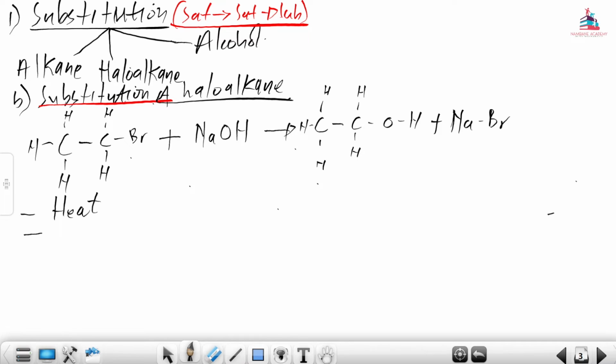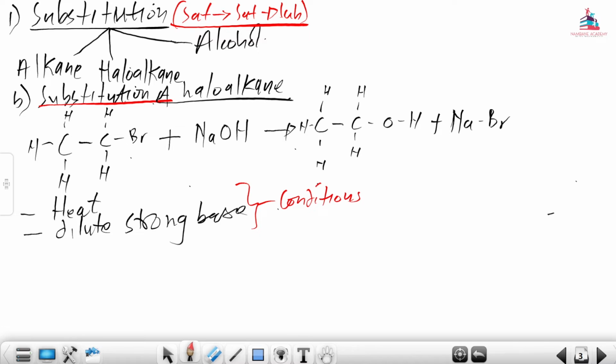Because it's substitution, we are going to say we also need to have a dilute strong base. So this now should be my reaction conditions. For this reaction to take place, I need heat and a dilute strong base, then the reaction will be able to take place.